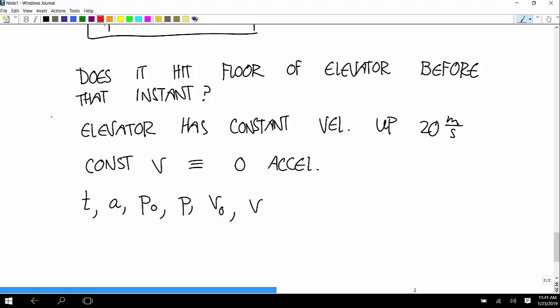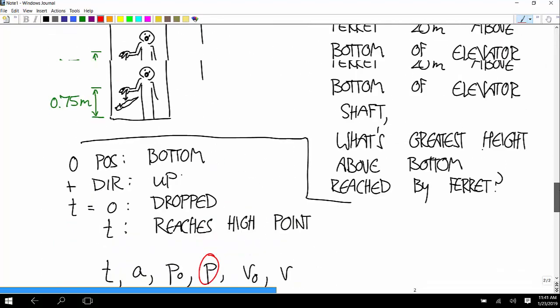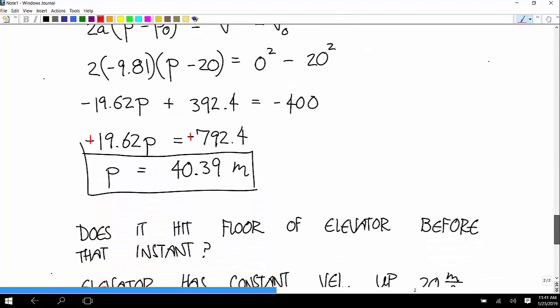So what we're trying to find, I guess, is when the ferret reaches its highest point. That highest point was 40 point something. Where is it? 40.39.